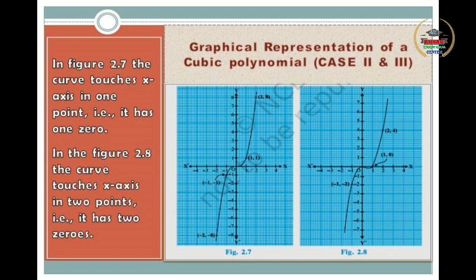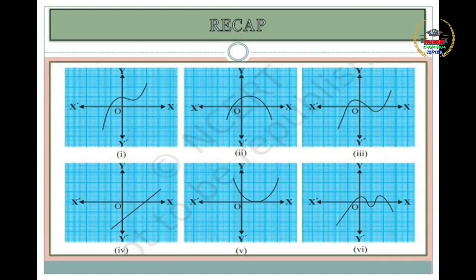Now we will go for a recap of all that we learnt in this short session. I have given you 6 graphs. The first graph is a curve, but it is not a parabolic curve, so it is a cubic polynomial, and it is touching the x-axis in only one point, so the number of zeros is 1.